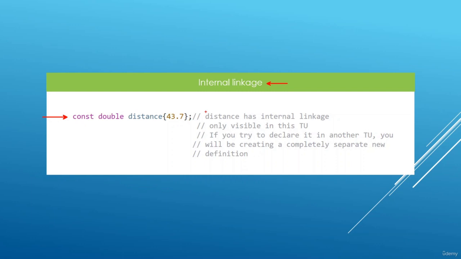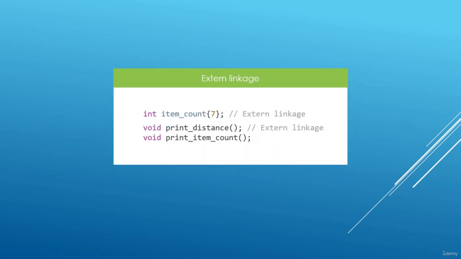So this is another kind of linkage we can have in C++. The first one is no linkage. We can also have internal linkage, and it is what we just learned about in this slide here. Another kind of linkage we can have is external linkage. And a good example for this is a global variable, which is not const. This is going to have external linkage by default. And what we mean by that is that this variable can be accessed and used in different translation units than the one it was declared and used in.